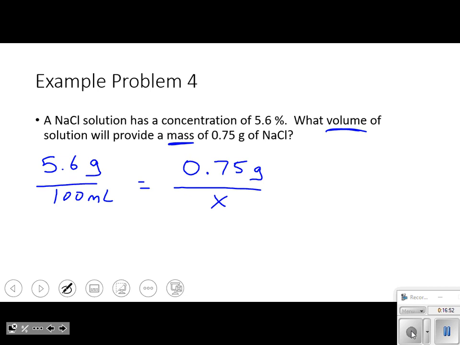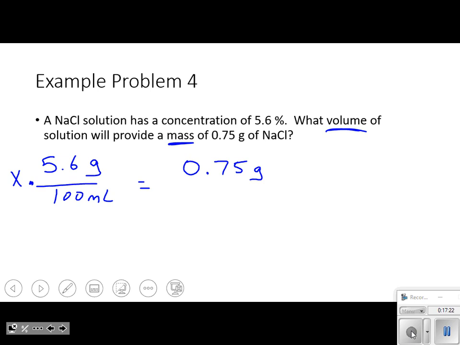So what I have to do is multiply both sides by x. So that cancels. So x times 5.6 grams over 100 milliliters is equal to 0.75.